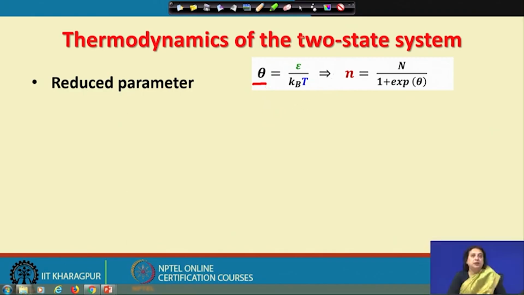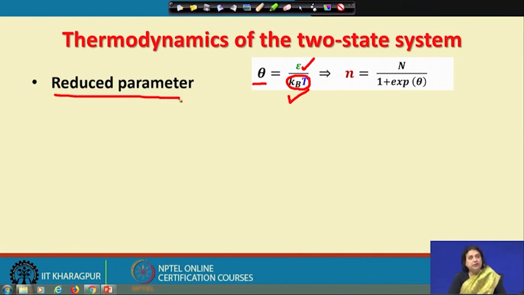In this particular case, theta is a ratio of this energy epsilon, which is a parameter from my microscopic model, and kBT, that is the thermal energy at a temperature T. Now, epsilon has a dimension of energy, and kBT also has a dimension of energy. So, what is the dimension of theta? The dimension of theta is 1, which means it is a dimensionless quantity, and that is the reason why I call it a reduced parameter.